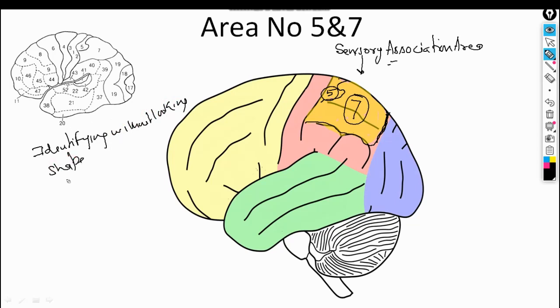Whether it is circular or rectangular, what the size is, what the texture is, everything, these shape, size and texture, that we identify the object without looking.